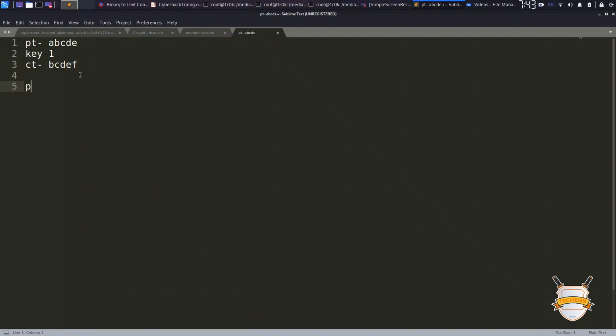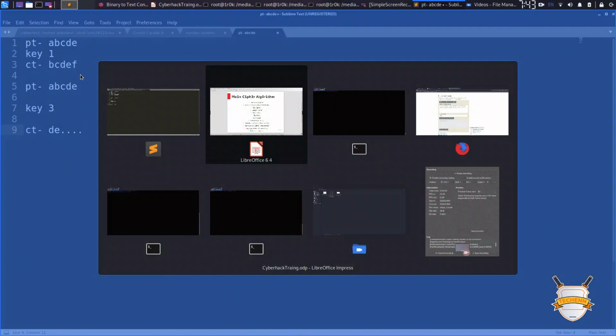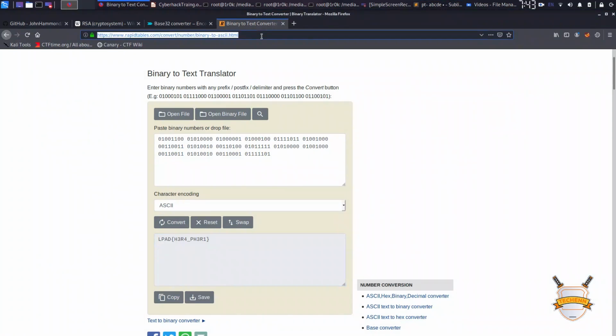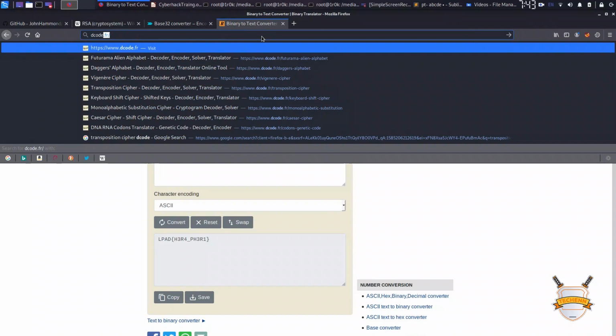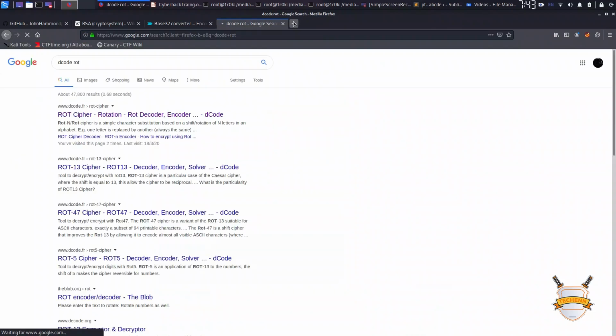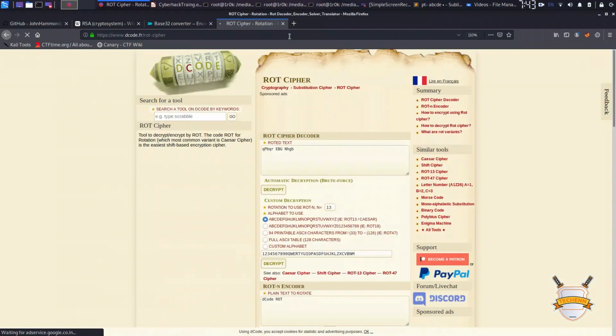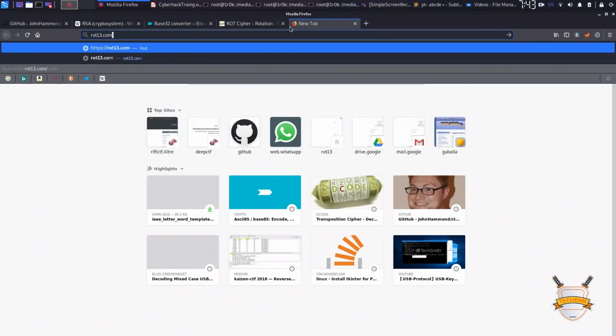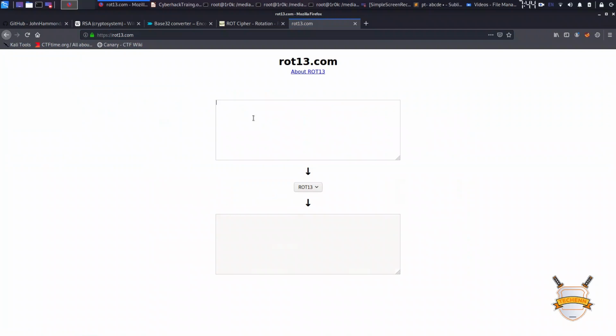If I say plain text is A, B, C, D, E, and key is 3, what will the ciphertext be? Something like this. So let's try it online. Let's say I take a word hello.